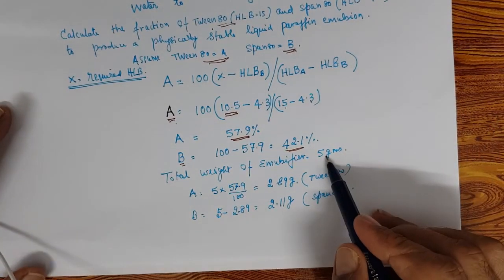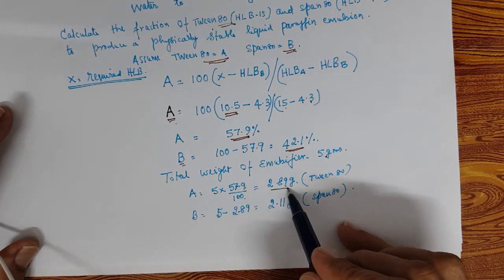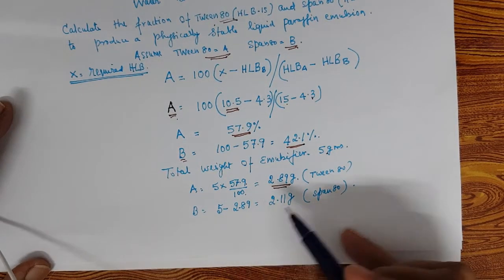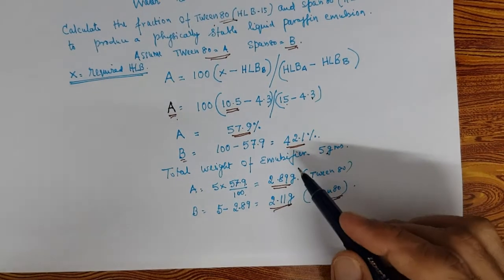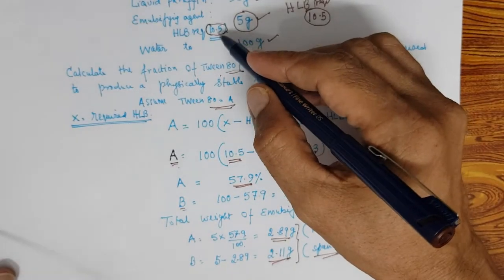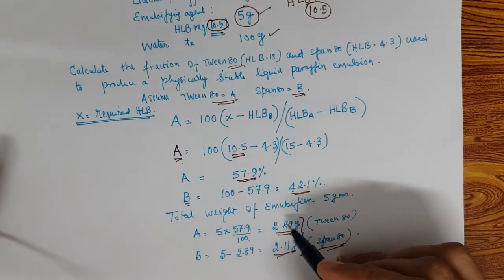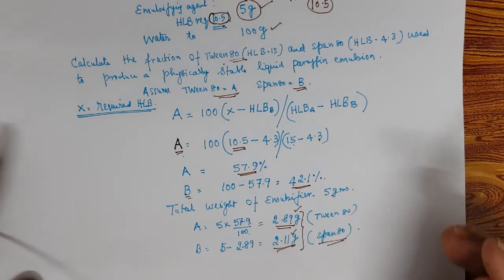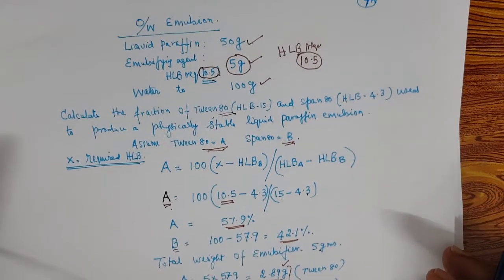So for 5 grams, 57.9% is 2.89 of Tween 80, and 5 minus 2.89, 2.11 of Span 80. Simple. If you combine these two in this ratio, you will get the HLB of 10.5 that is required. You have 5 grams of emulsifier. In that 5 grams, 2.89 can be Tween 80 and 2.11 can be Span 80. Right? Understood?